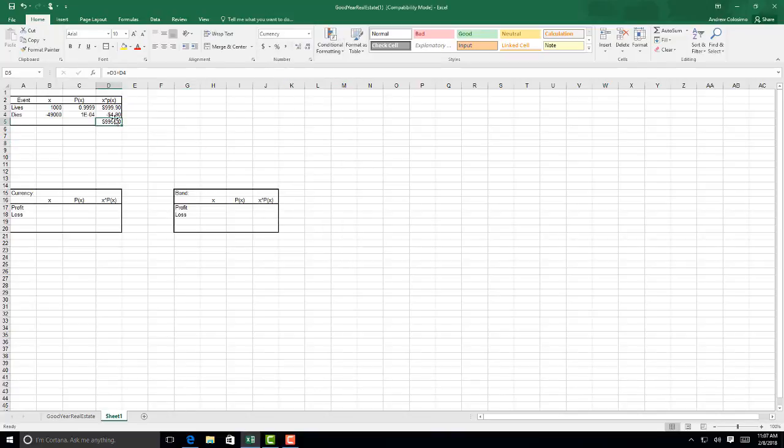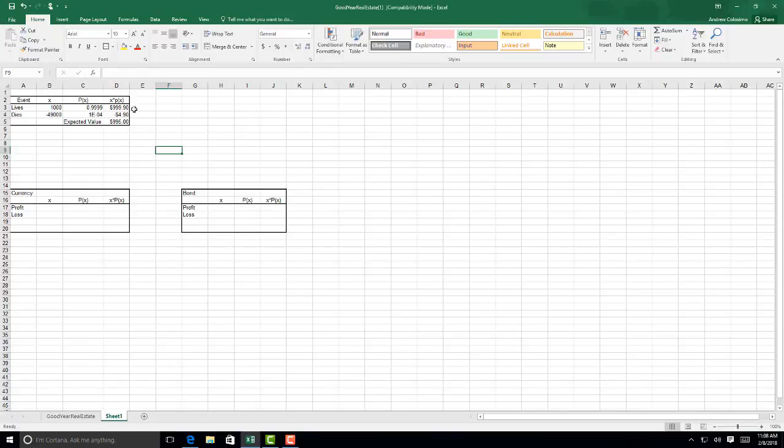What we're looking at is that the expected value, or the expected profit, or the average profit per policyholder, is $995. I'll just put expected value is $995. So that's the process of solving for expected values of a discrete random variable.